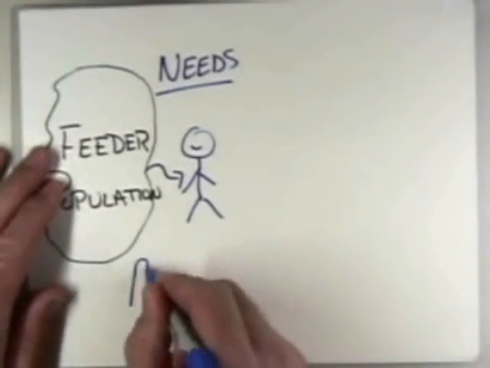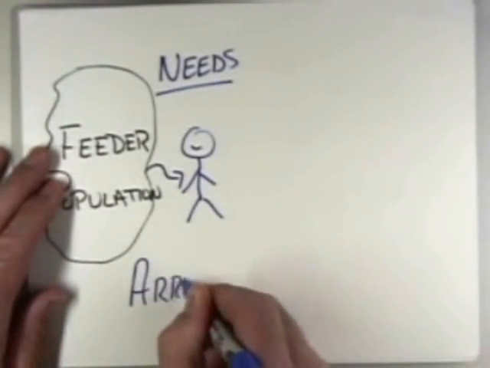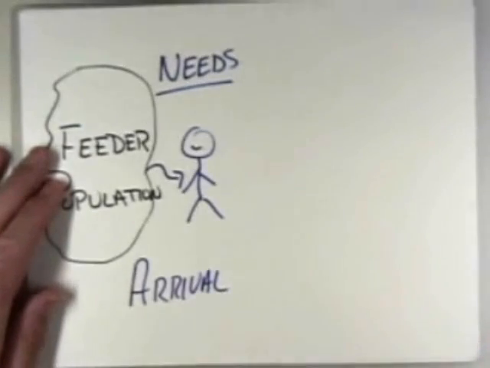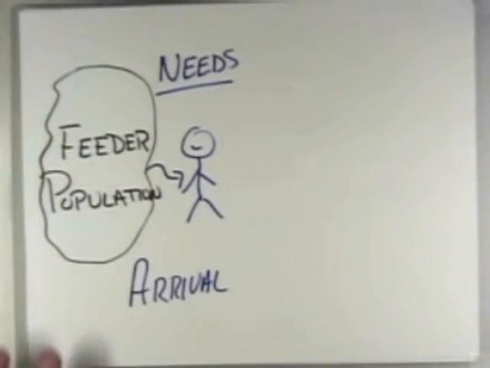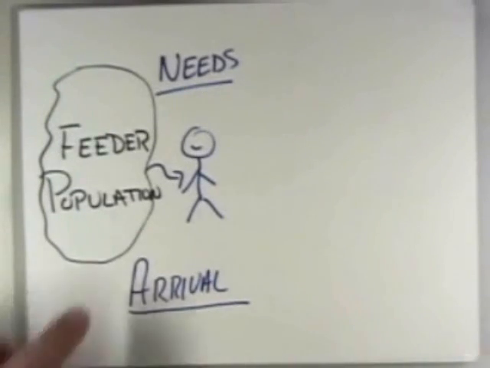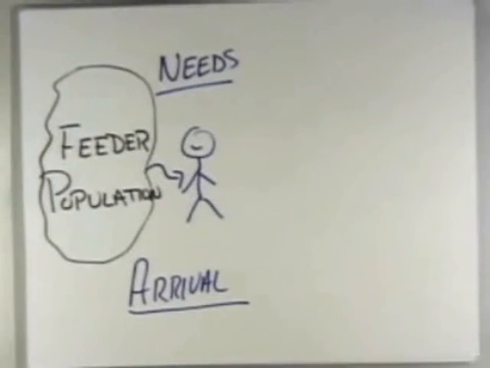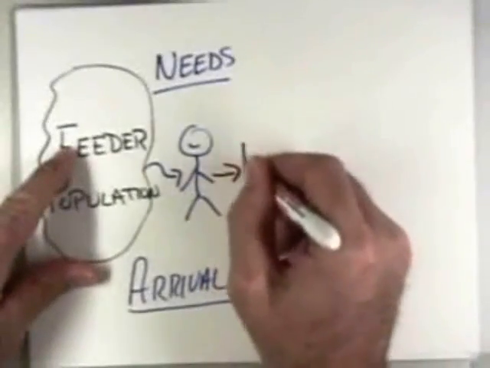Another random variable that you want to keep track of would be the arrival time or the arrival patterns. Second random variable. Feeder population, you also tend to look at the demographics, and this is a wonderful use of descriptive statistics.